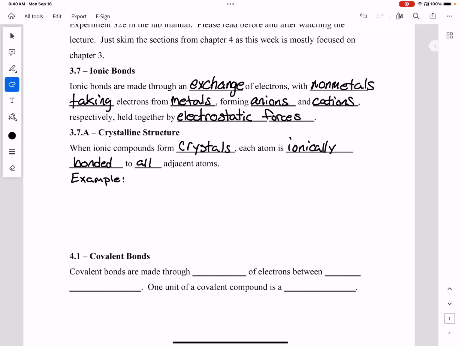Let's do NaCl, sodium chloride. I've got to make that bigger. Okay, each one of these is an ionic bond.